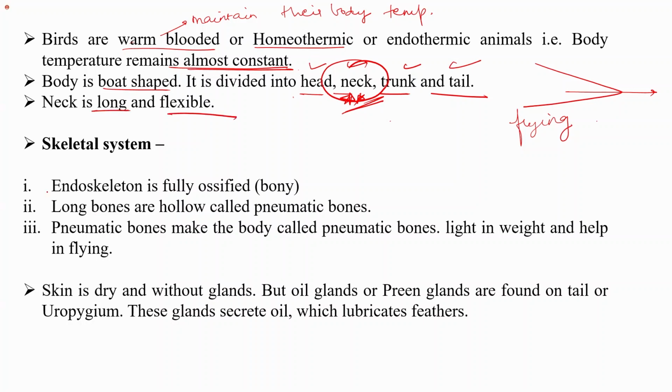Skeletal system. Endoskeleton is fully ossified. It is bony. And the long bones are hollow, so they are called pneumatic bones.